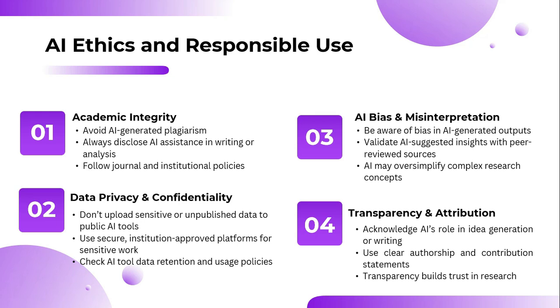You have to put your time, you have to put all your intellect in it in order to understand, perceive, and better apply it. Right? So AI is just an assistant. Finally, the transparency and attribution. Right? So acknowledge AI's role, use clear authorship, use contribution statements, and maintain transparency that builds trust in the whole research paper.